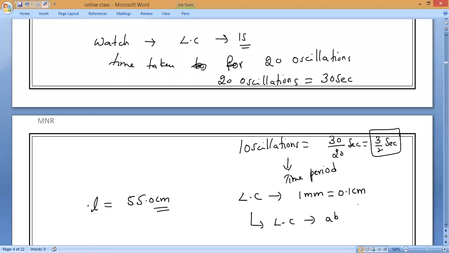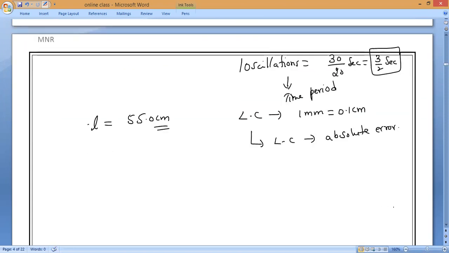So 0.1 is equal to what? Absolute error. The symbol: L is 55, so what is the error? Delta L. Delta L is equal to 0.1 because the least count is 0.1, the absolute error. Are you clear?